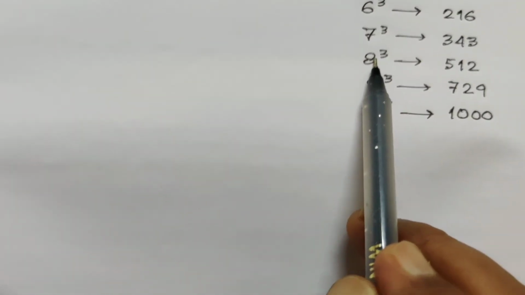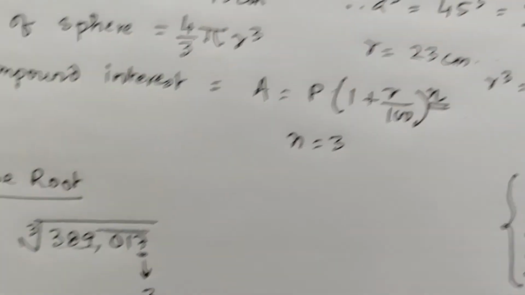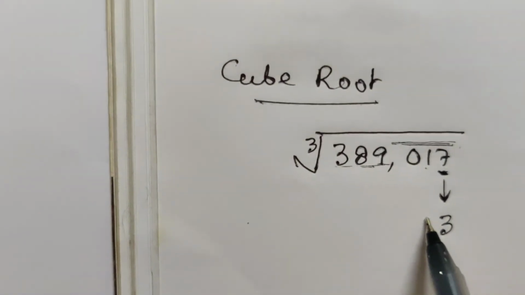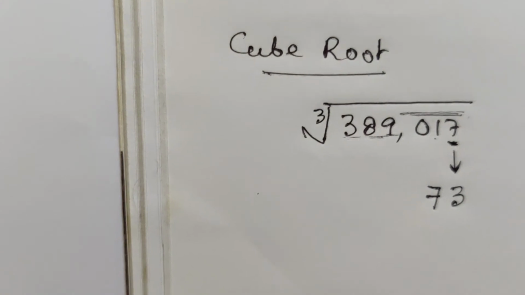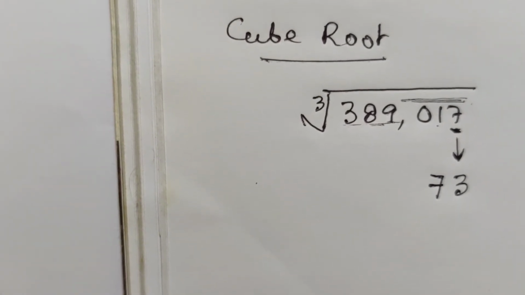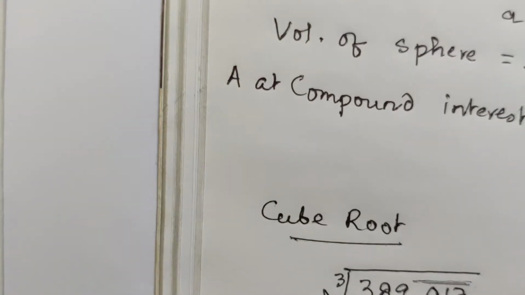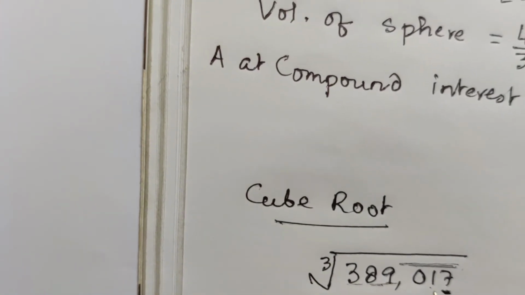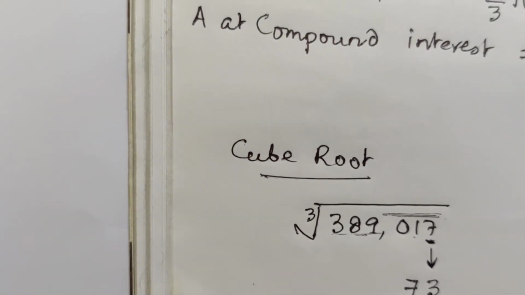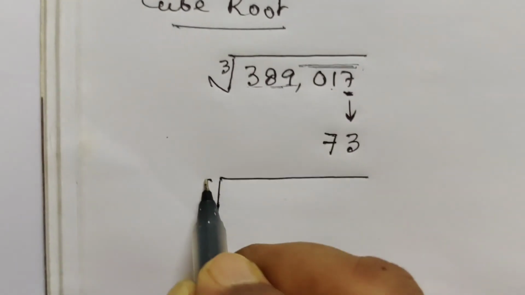So since it is 389, we can take it as 7. So the answer is 73. So the cube root of 389017 is 73.